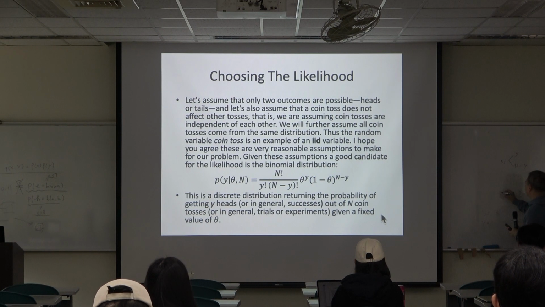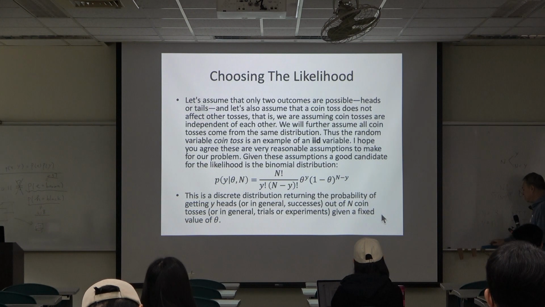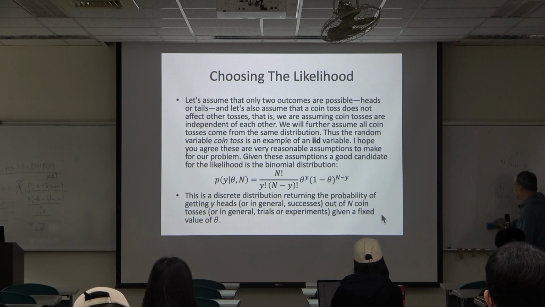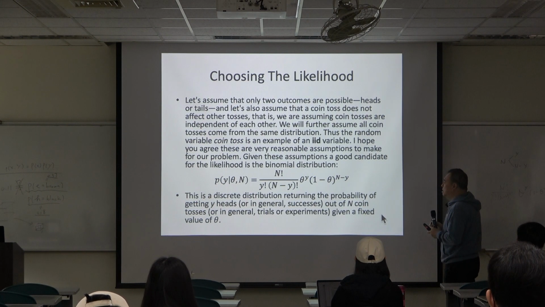So basically, you have n factorial divided by y factorial times n minus y factorial.